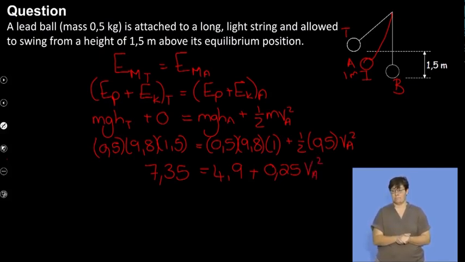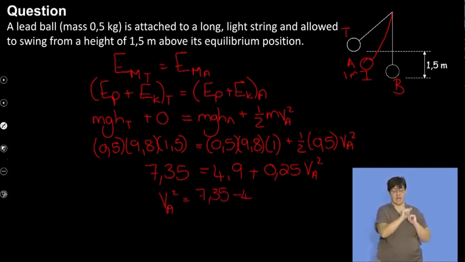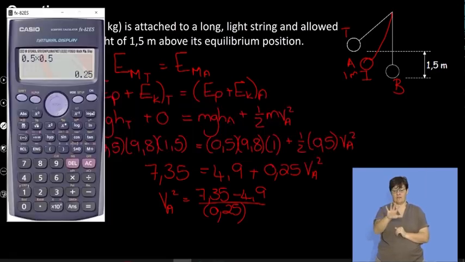Let's get v A squared on its own. So we're going to go 7.35 minus 4.9, all divided by 0.25. So let's quickly do this. Okay, so we've got 7.35 minus 4.9. Don't forget to say equals.